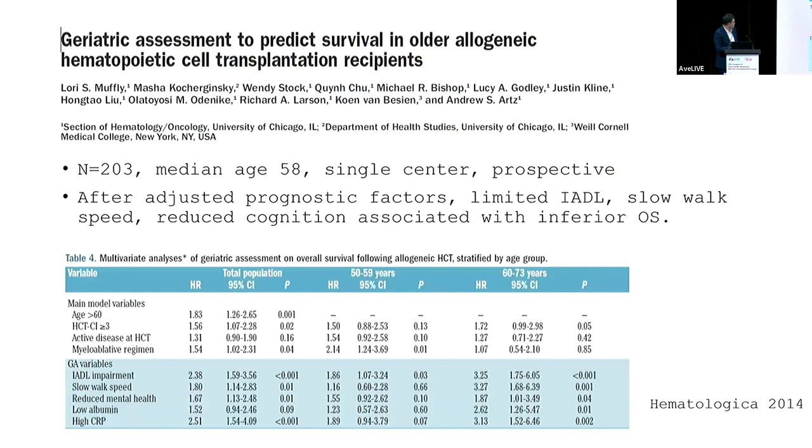I'd like to bring your attention to the bottom. The hazard ratio for IADL impairment is 2.38. That actually outperformed the rest of the usual variables that we use, including the HCT-CI.